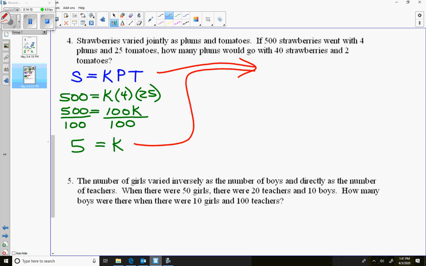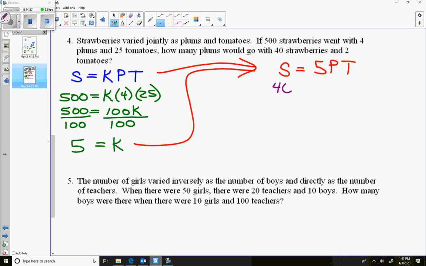Step 3, put your answers from step 1 and 2 together. So now my prediction equation is S equals 5PT. How many plums would go with 40 strawberries and 2 tomatoes?